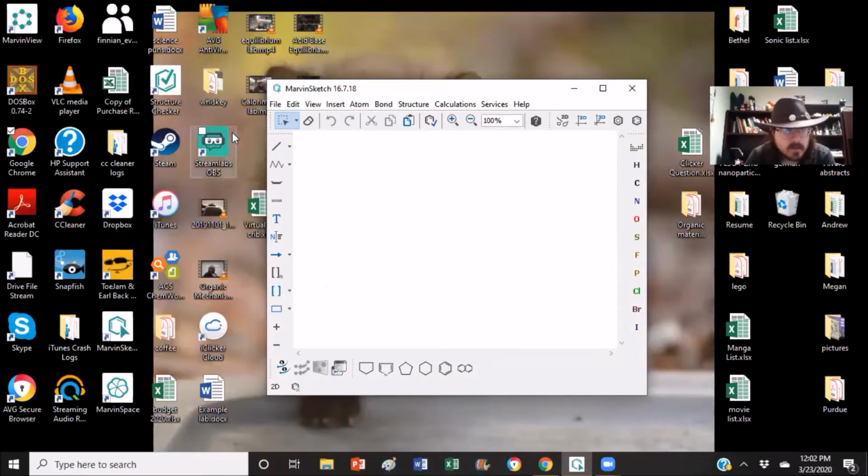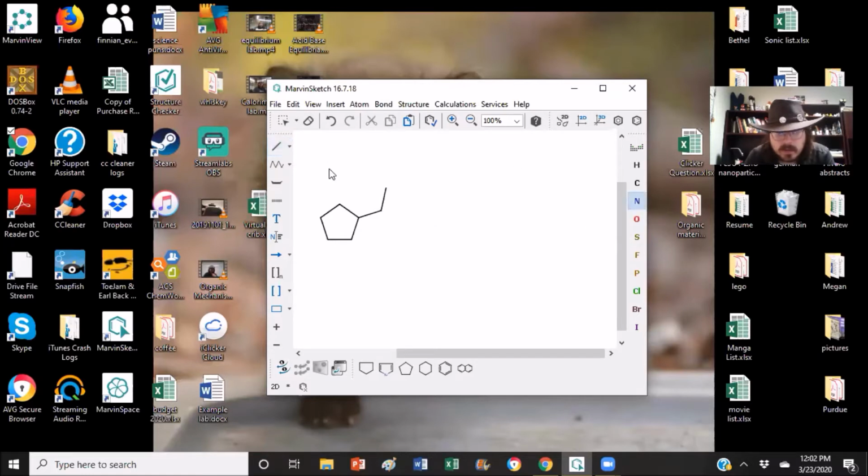It comes with a couple other programs, including Structure Checker, Marvin View and Marvin Space. But Marvin Sketch is a molecule drawing program that should allow you to do a lot of compounds. Depending on which is going to be easier, I might use this to draw my structures, or I might draw by hand on a virtual whiteboard.